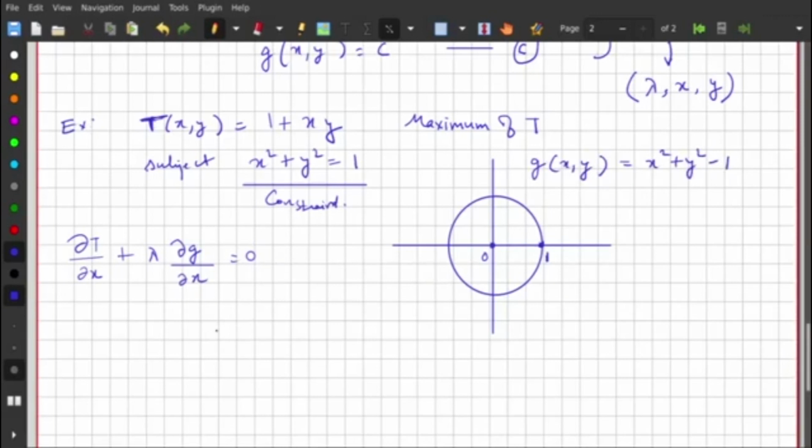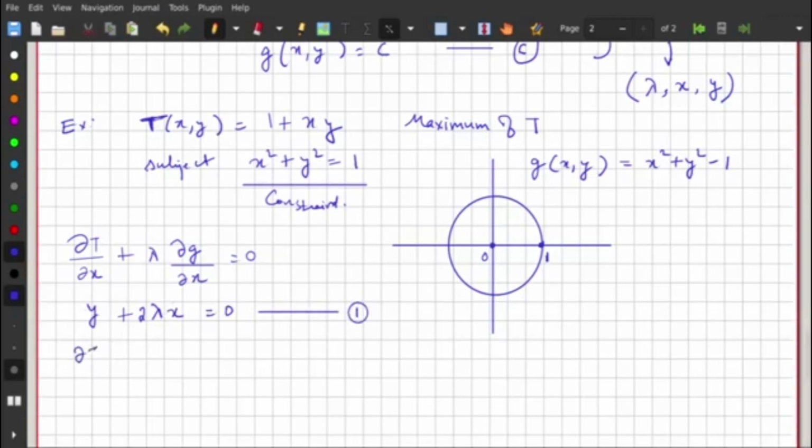Okay, that's the constraint. So from this equation, partial t partial x becomes y plus lambda, and partial g partial x will become 2x, so you will have 2x equals 0. Let's call that equation 1.